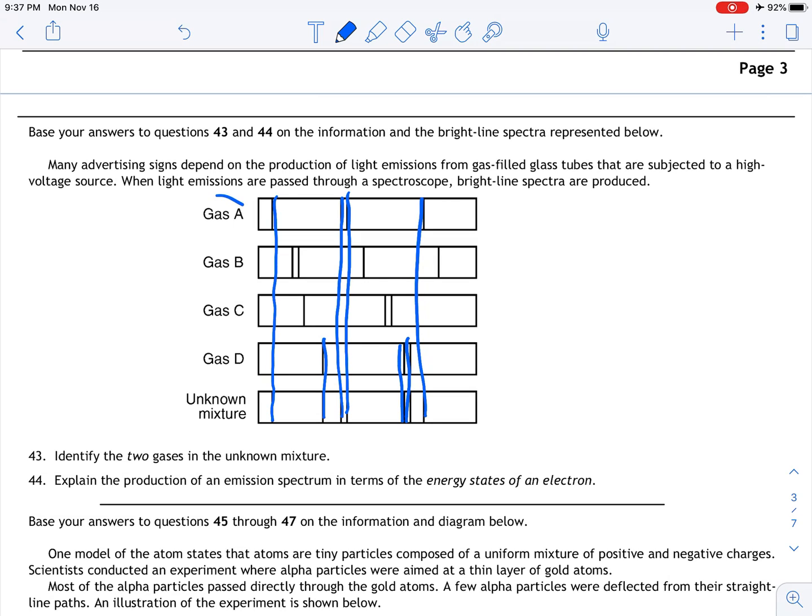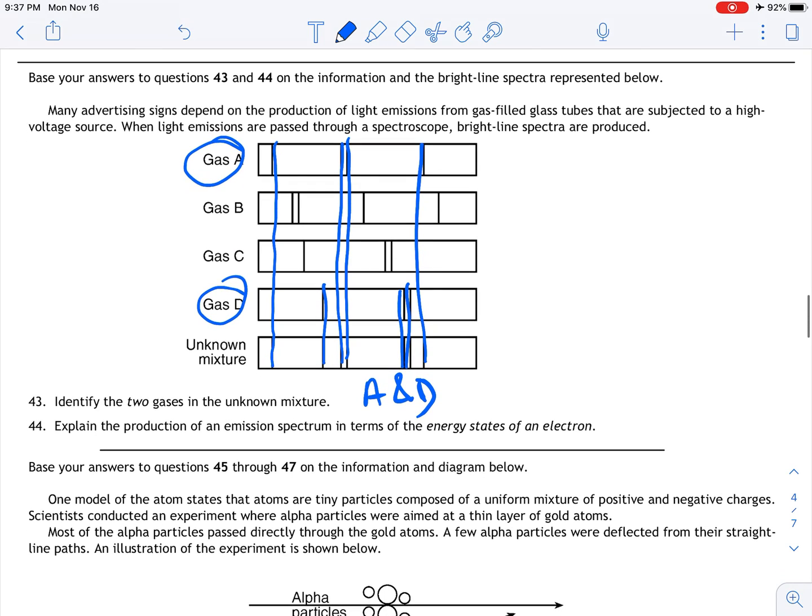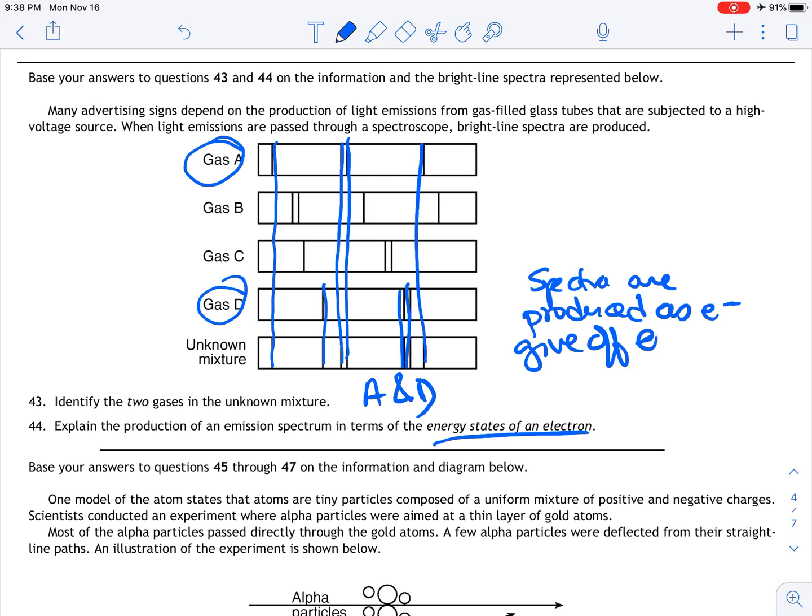So it looks like we have gas A and we have gas D. Explain the production of an emission spectrum in terms of energy states. If you don't talk about energy states, you're wrong. So you can say spectra are produced as electrons give off energy.